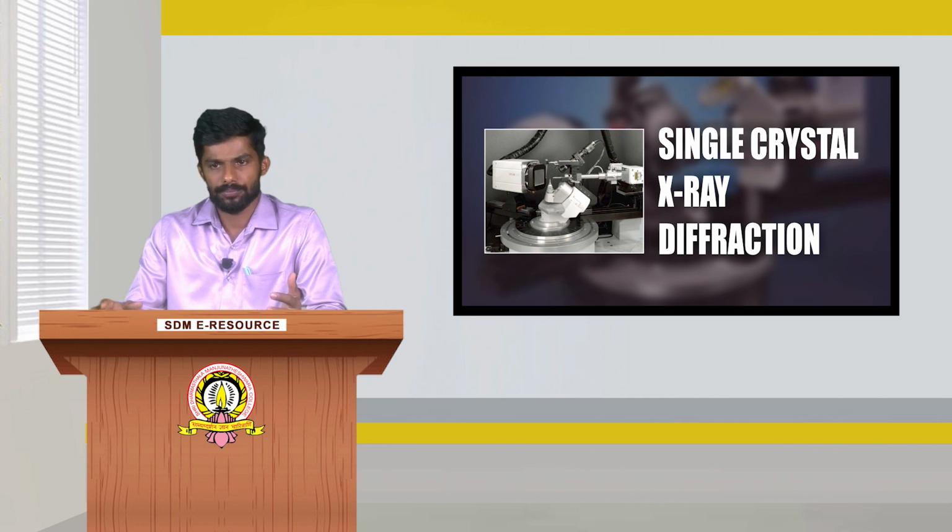After detection it will be amplified, and there is a microprocessor based interface module that provides a connection between the instrument and the host computer. So the rotation of the detectors, the closing of the doors and shutters of this instrumental setup, the placement of the crystal, and the rotation of the crystal, all these actions are controlled using the microprocessor interface module.